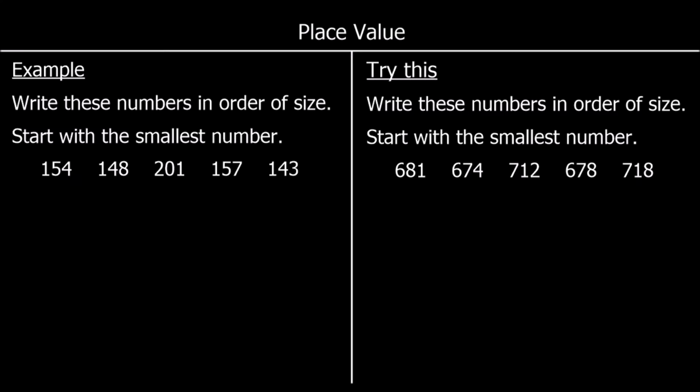This question says, write these numbers in order of size. Start with the smallest number. So when we're ordering numbers, the first place we want to look is the biggest column possible. So in this case, that'll be the hundreds.